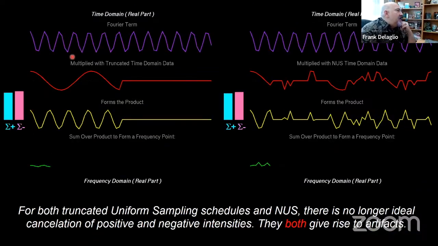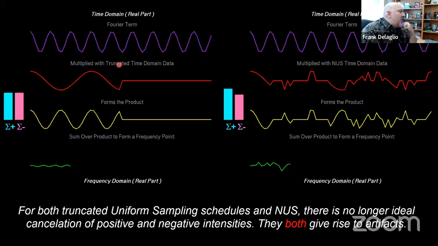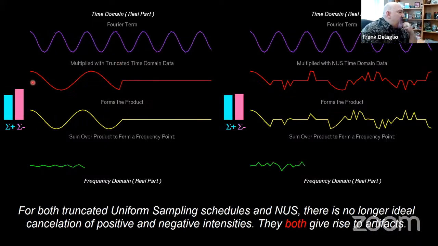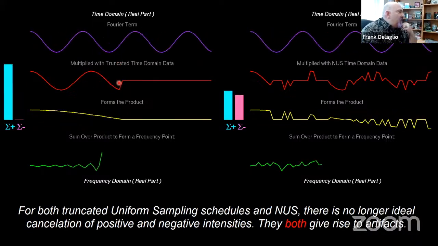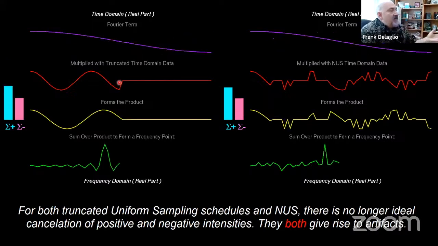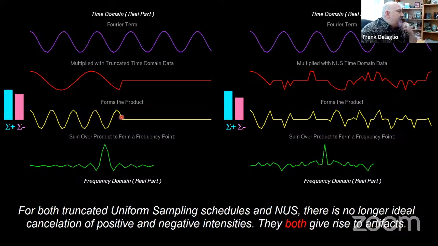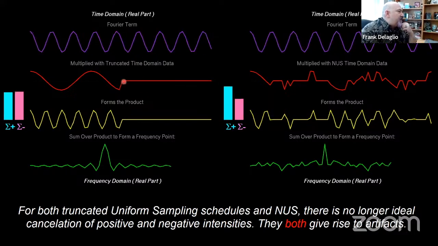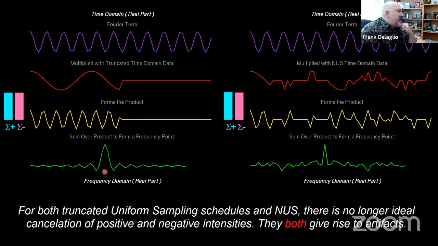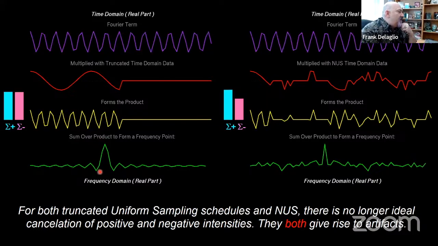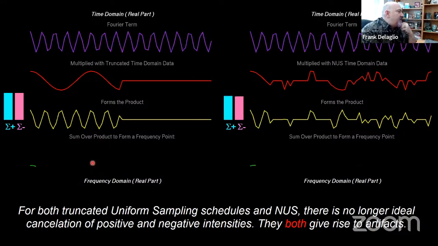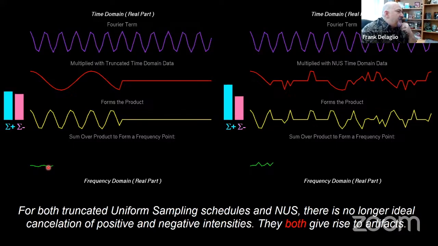Now, in the case of an ordinary measurement where we can only measure a limited number of points, as in the carbon dimension of a 2D experiment, we get data that's truncated, and when we Fourier transform data like this, we get an artificially broad signal with these regular truncation wiggles.